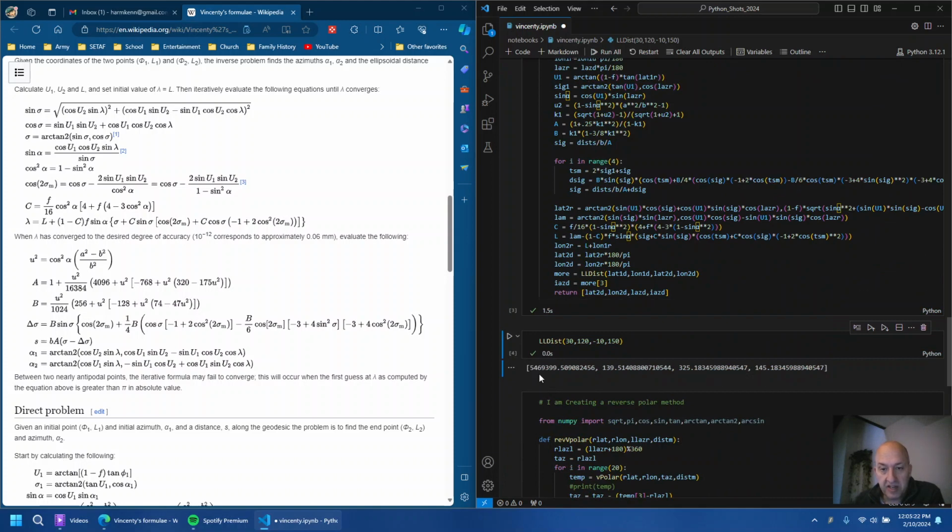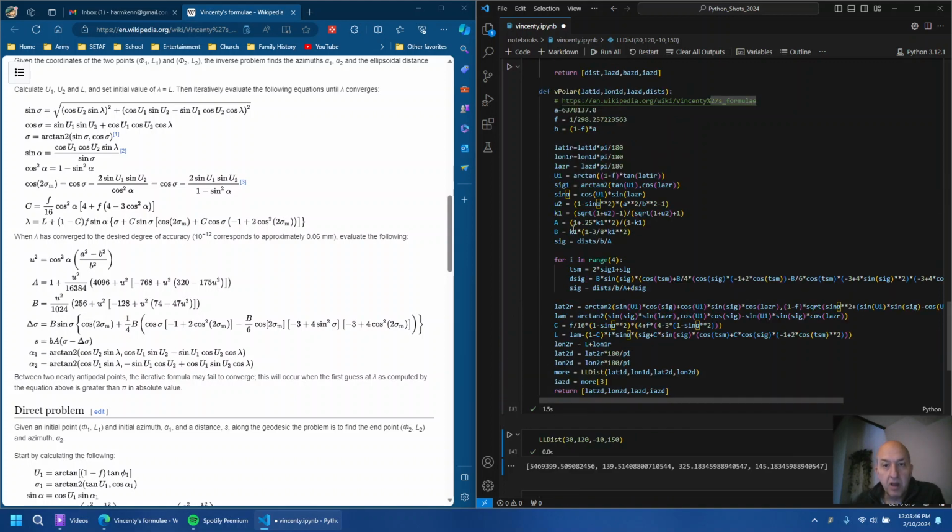So there's my distance in meters, 5,469,399 meters. Here's the direction of launch. Here's the direction back. And then as I'm coming into point 2, that's the direction I'm coming in at. So that's my lat long distance.